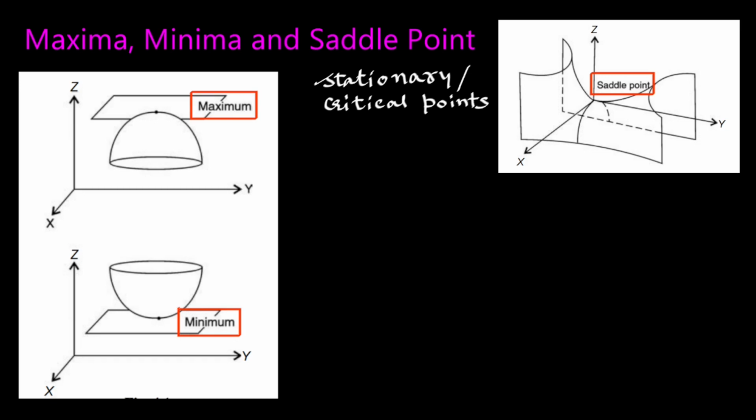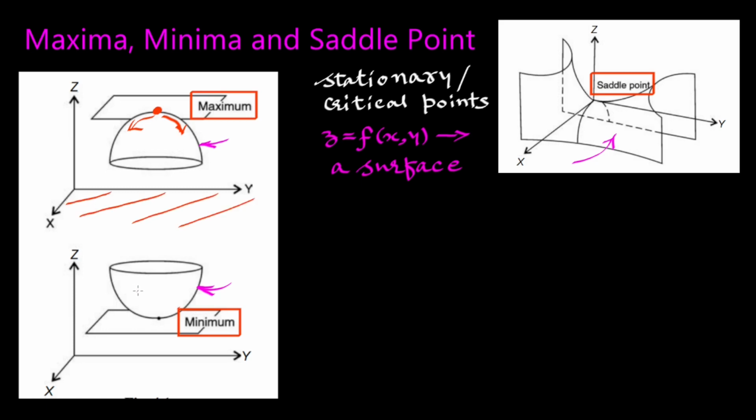To explain in a simplistic way, geometrically, we have seen earlier that z equals f(x,y) represents a surface, like a surface here, a surface here, or a surface here. Maximum point on the surface is the hilltop here, from which the surface descends or comes down in every direction towards the xy plane.